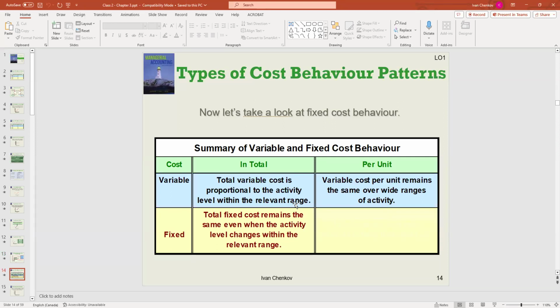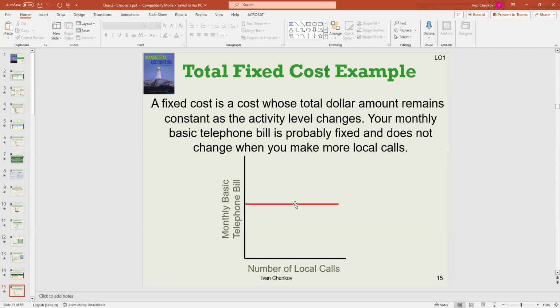Fixed cost. As I said before, fixed cost in total stays the same with the level of activity within the relevant range. What does that mean to you? It means that once you pay it, you don't have to worry about it. A simple example is your Compass card.